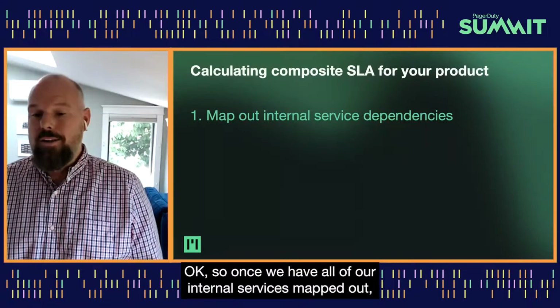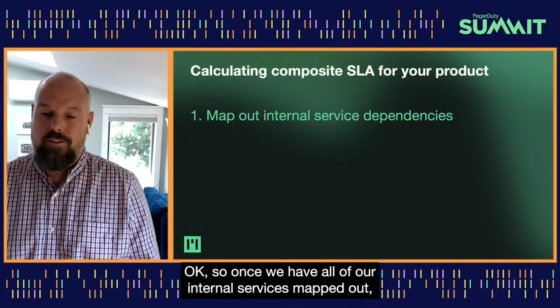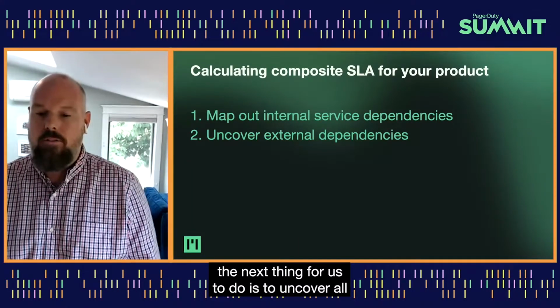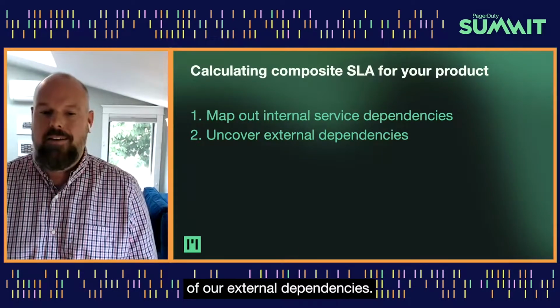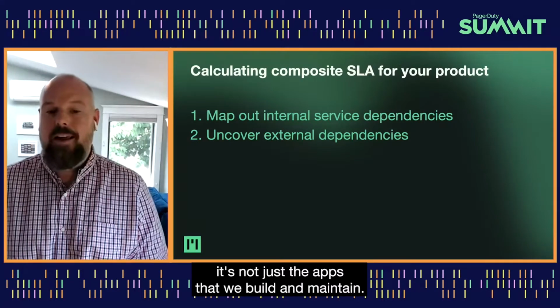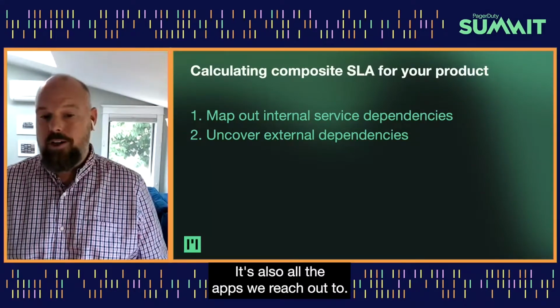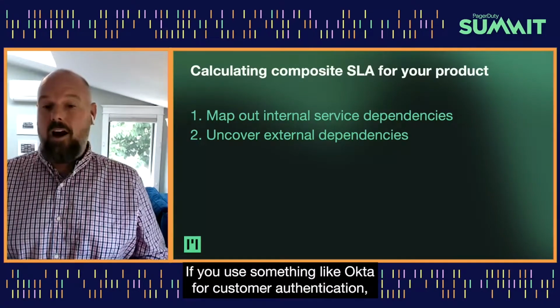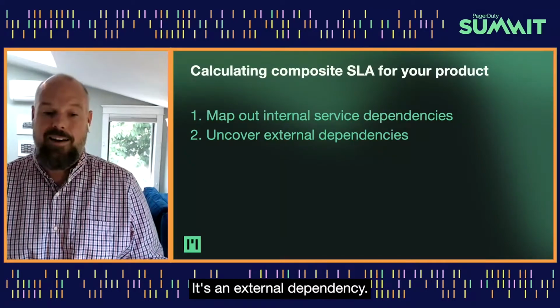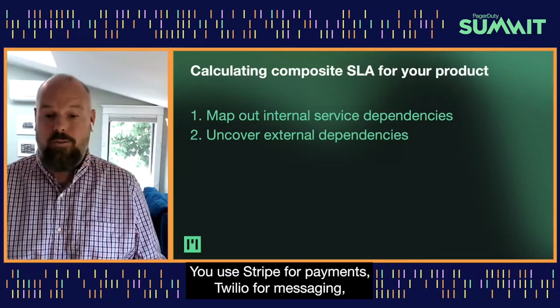Okay, so once we have all of our internal services mapped out, the next thing for us to do is to uncover all of our external dependencies. Remember what we talked about earlier? It's not just the apps that we build and maintain, it's also all the apps we reach out to. If you use something like Okta for customer authentication, add that in. It's an external dependency. You use Stripe for payments, Twilio for messaging.